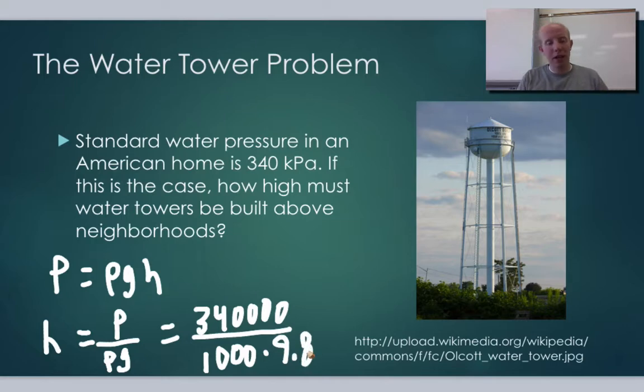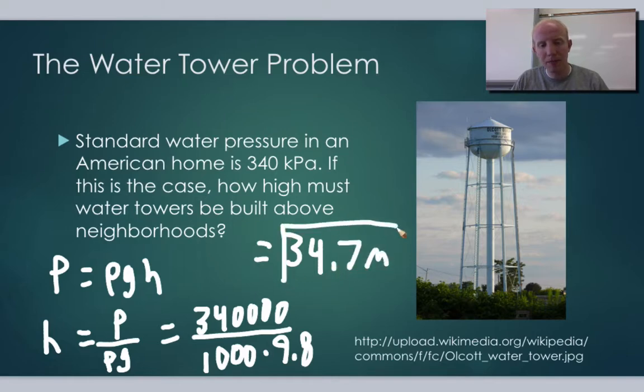When we calculate that out, don't forget the parentheses, we get that standard water towers are about 34.7 meters up in the air, which is about 100 feet or so, which is accurate. The water towers have to be about 100 feet in the air to sustain enough water pressure for the town.